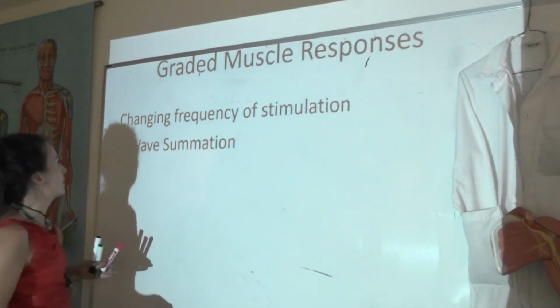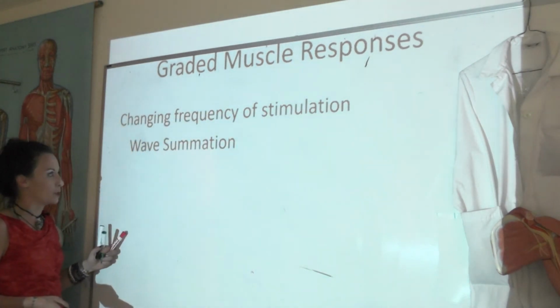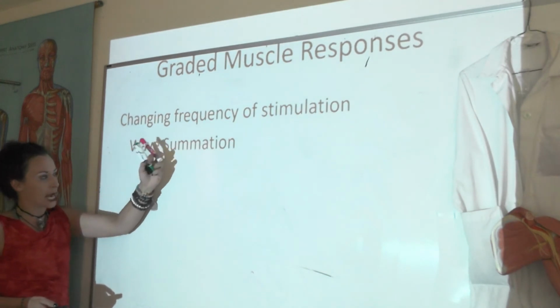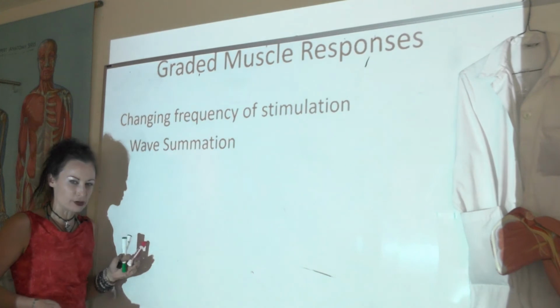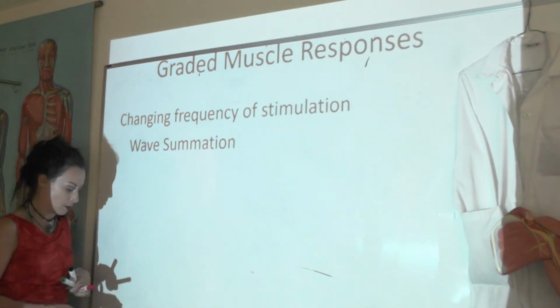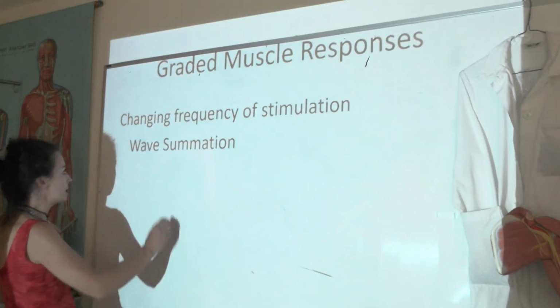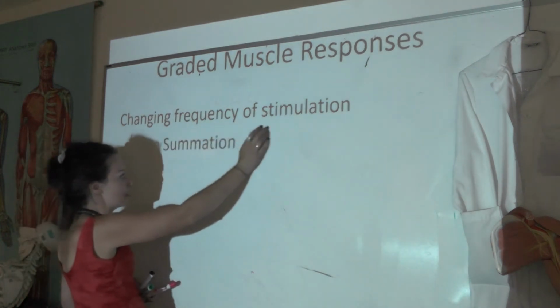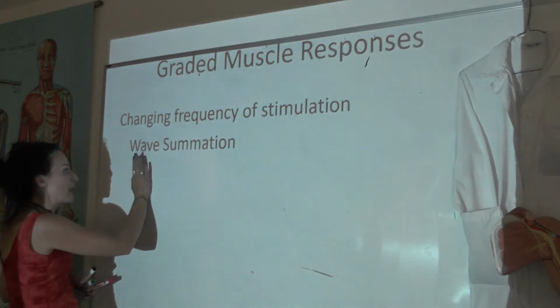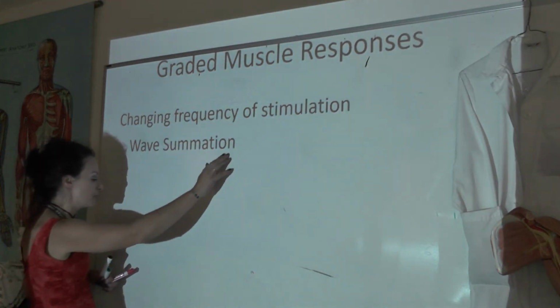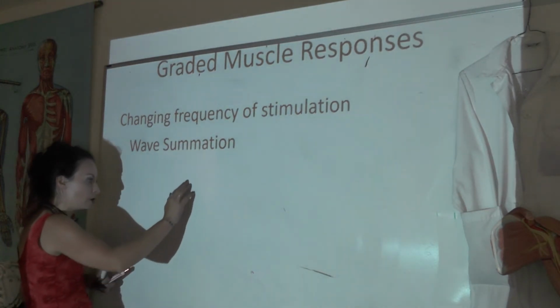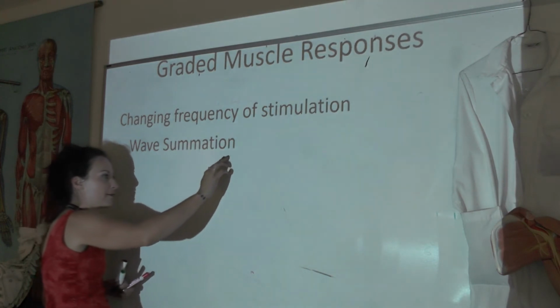And so if we look at graded muscle responses, we can either change how often we stimulate the muscle, or we can change how strongly we stimulate the muscle. If we're changing the frequency of stimulation, we call this wave summation. What happens in wave summation is that you build on your tension in a wave-like fashion.